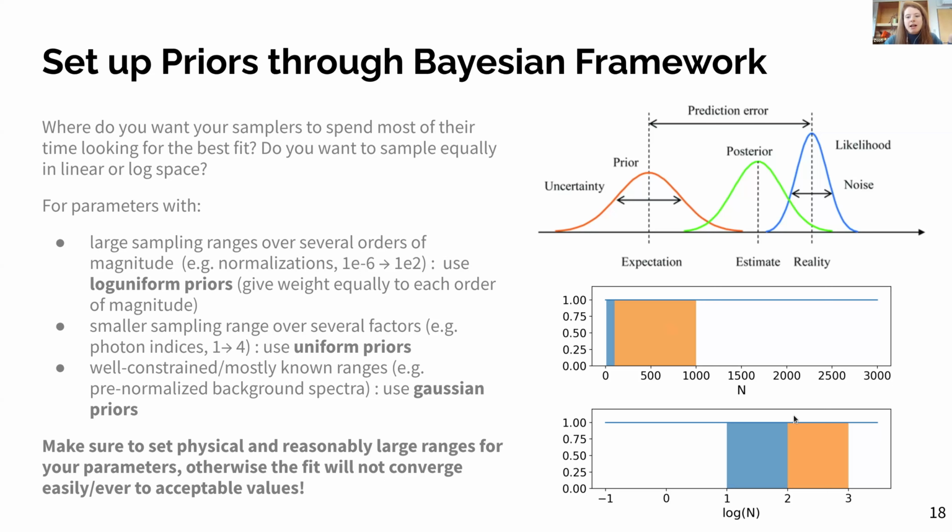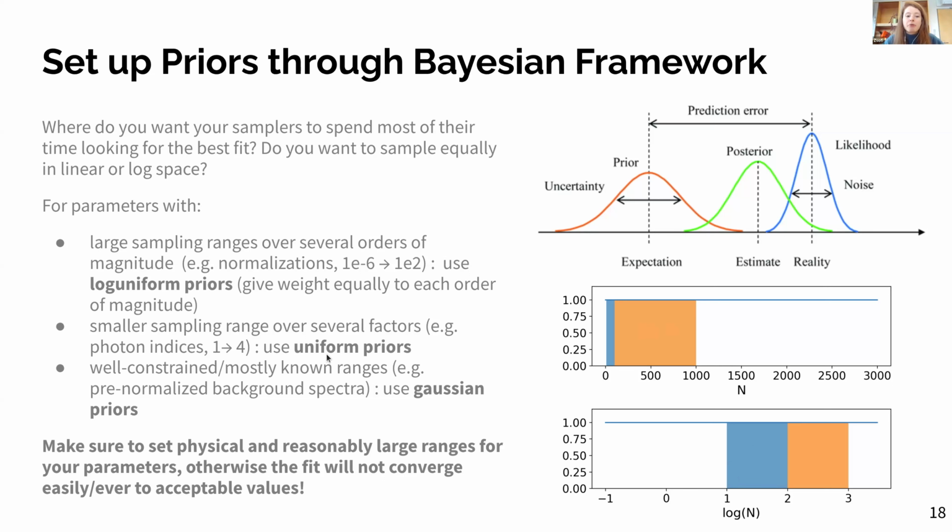And this is what I'm showing in this diagram here, where you see clearly what I'm trying to show you, that if you're sampling in log space, you're sampling equally, you're giving an equal weight to each order of magnitude. And this is usually done for parameters that vary over many orders of magnitude. For example, the normalization of the power law, which can go up or down by many factors of magnitude, given, for example, the brightness of the source.